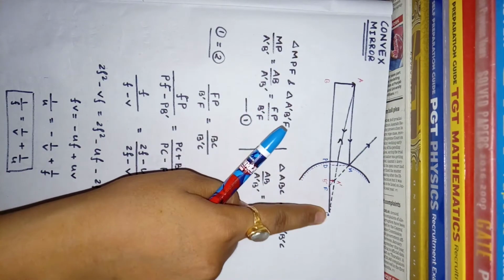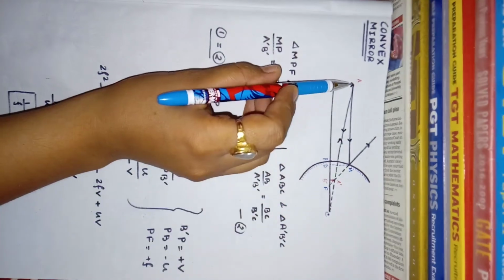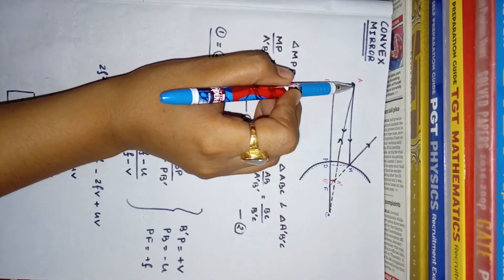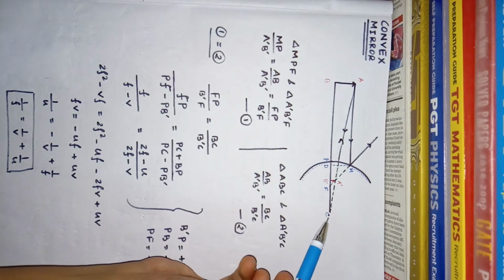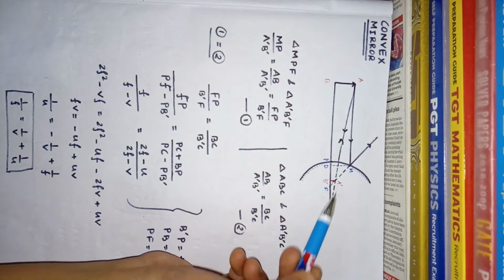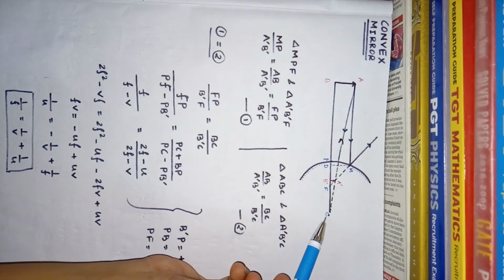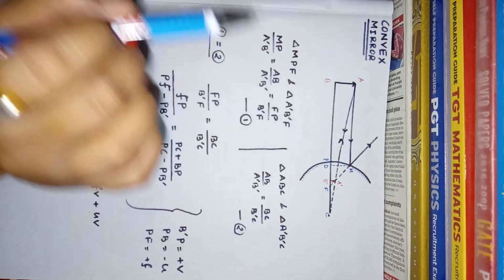If I choose the point C, then the triangle C, A, B encloses the object and the center of curvature, and C, A prime, B prime encloses the image and the center of curvature, right? So we can prove the similarity between these two triangles.